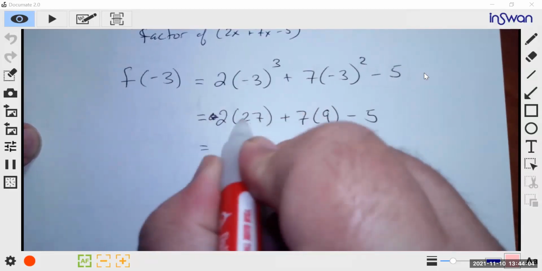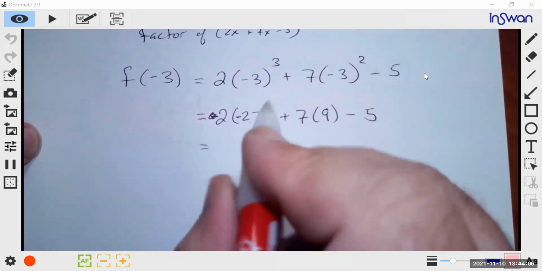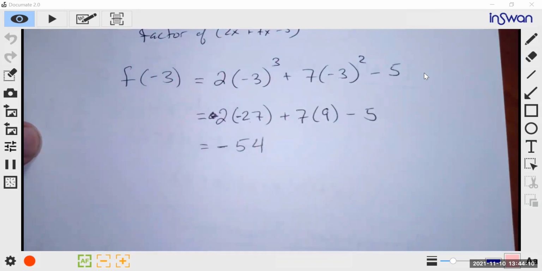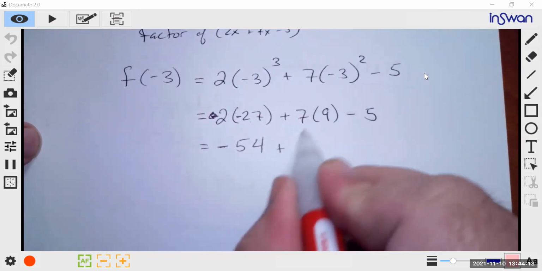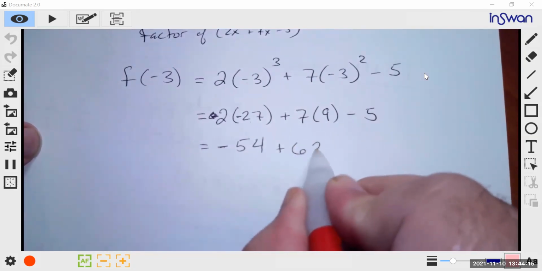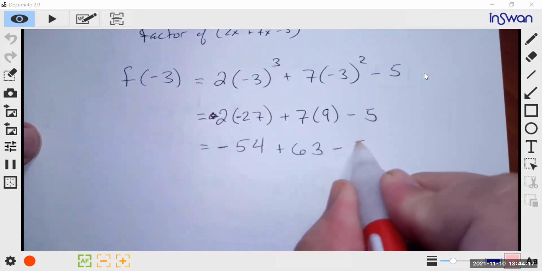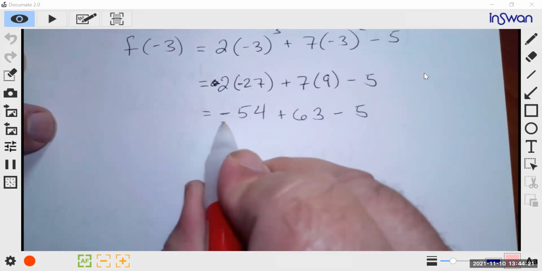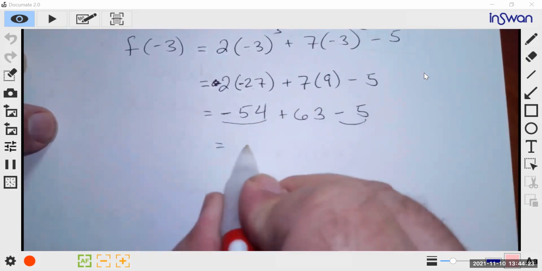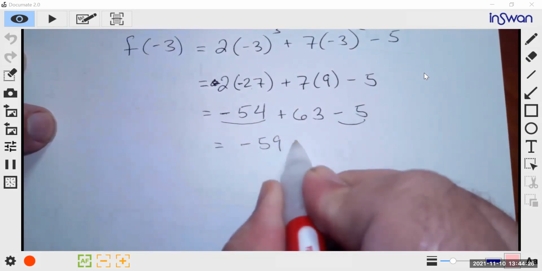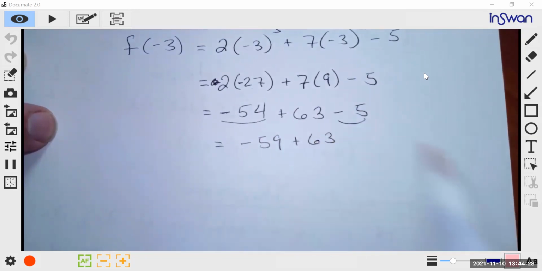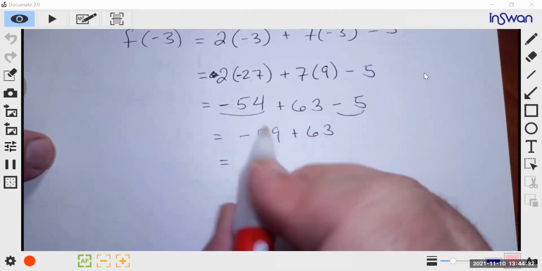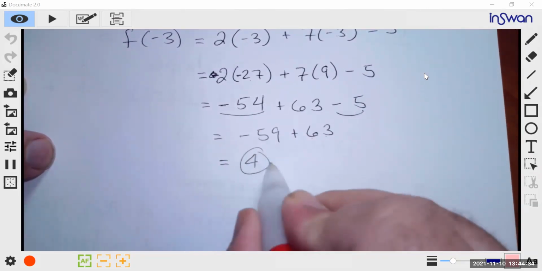I could have just left the negative aside there. 2 times -27 is -54. 7 times 9 is 63. Minus 5. -54 minus 5 is -59. 63 minus 59 is 4.